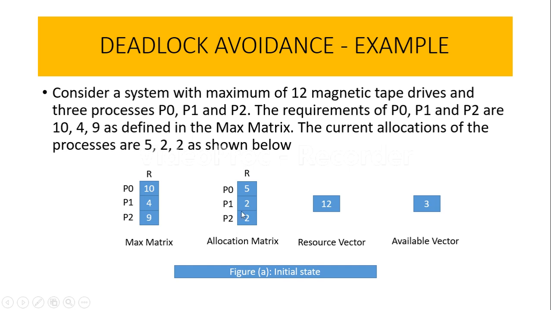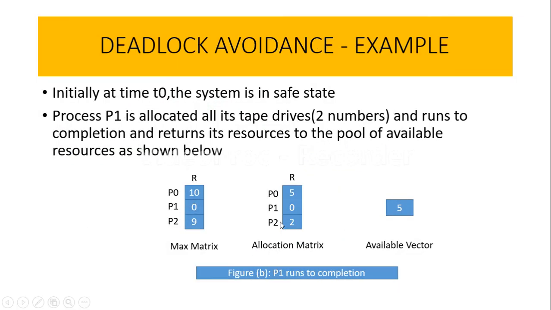So P1 can fetch the remaining instances required from the available vector and finish its execution. P1 is going to request 2 more resource instances and it will finish its execution.